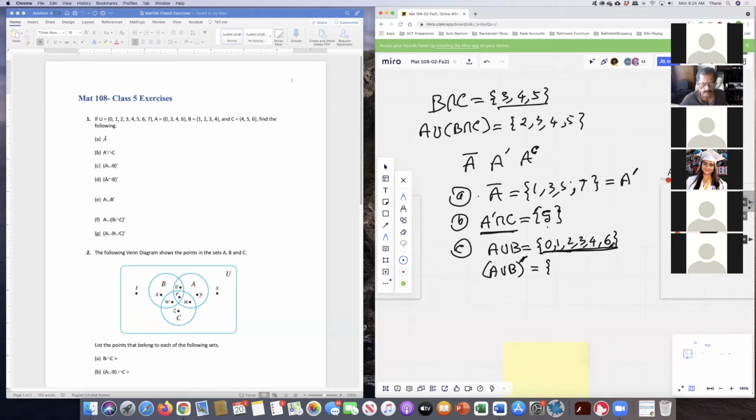No, complement would mean everything that is in the universal set that is not in the set A union B. That's what complement means. A union B complement means everything outside of A union B. So what elements of the universal set are not in here? That's the question, basically. 5 and 7, yeah, very simple.